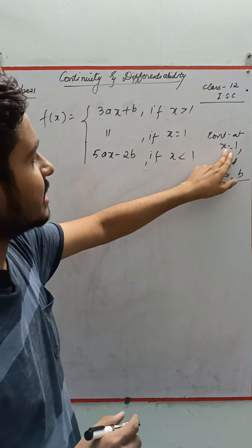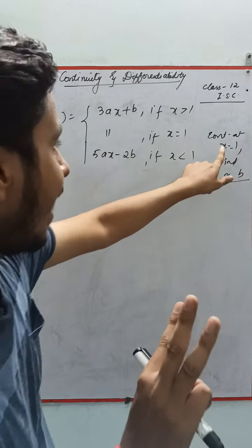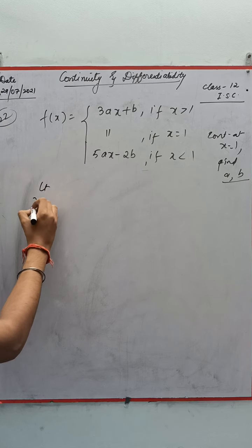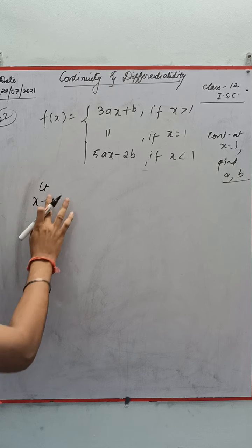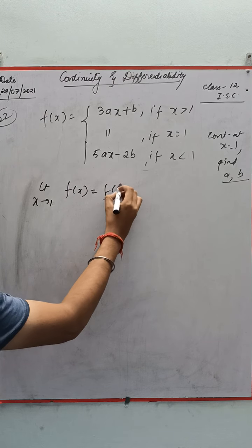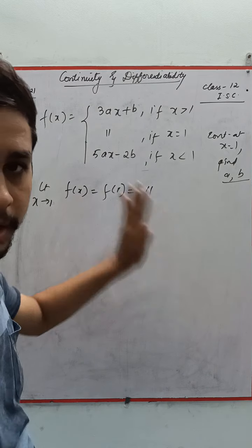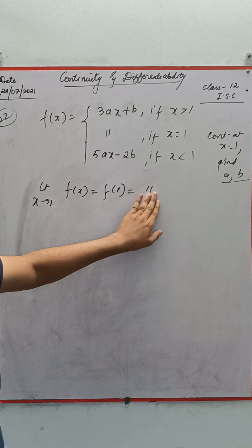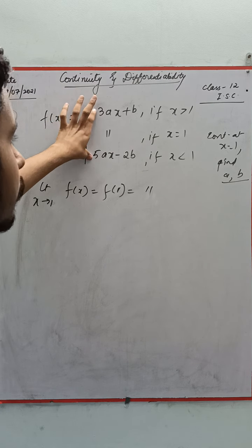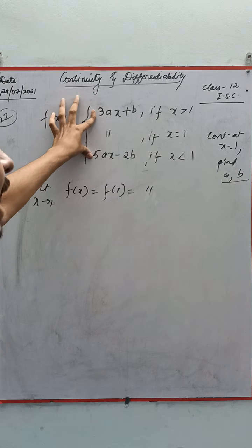It is continuous at 1 means its three values can be equalized. Its value on the particular function which is given to us is 11. So can we write limit x tends to 1 of f(x), which is f(1), we are given with 11. So keep this aside because it will be very much helpful for solving. Can you just tell me among these two which will go for the LHL case and which will go for the RHL case?